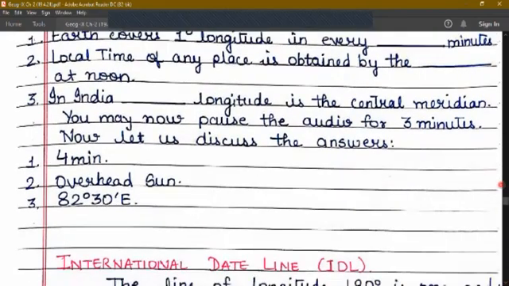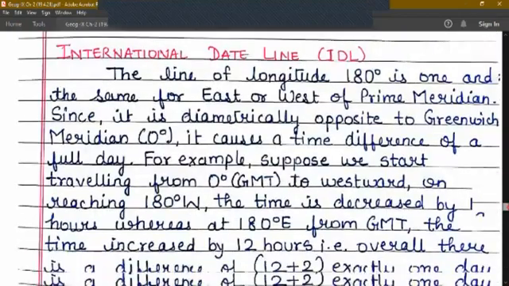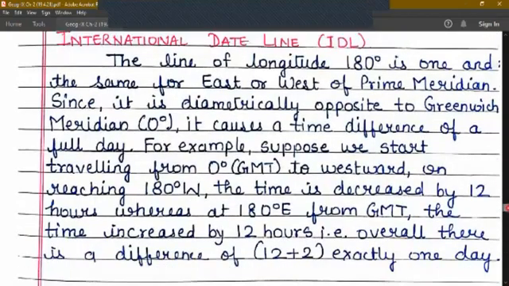Now let us continue the topic and discuss the international date line. The line of longitude 180 degree is one and the same for east or west of prime meridian.